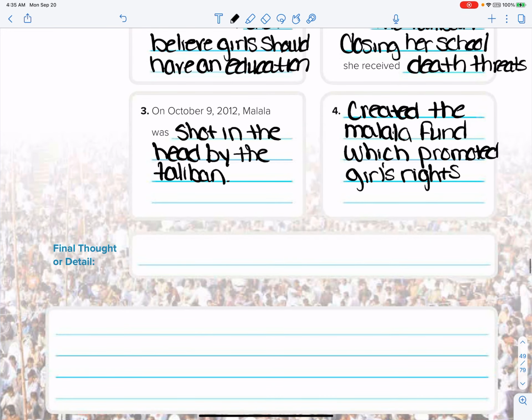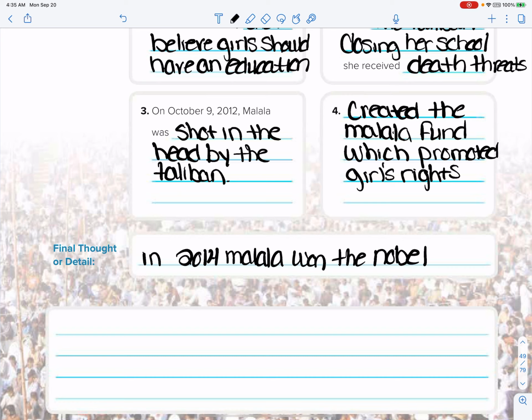All right, so now our final thought or detail. What was the final thing? In 2014, what happened? Would she win? The Nobel, that should be capitalized. She won the Nobel Peace Prize.